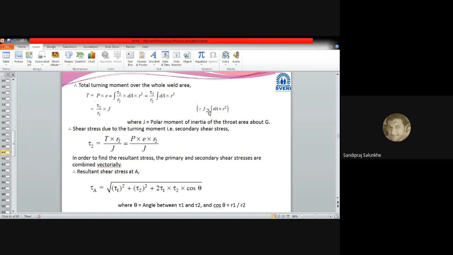Now here we are going to calculate the polar moment of inertia about the CG of that total welding section.